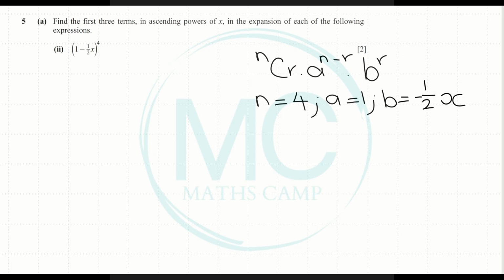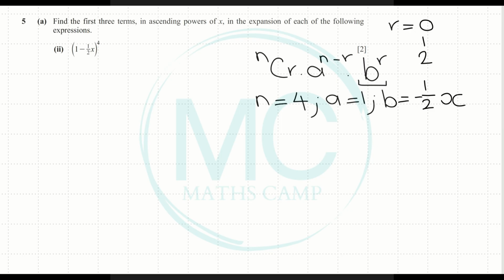Again, b is our x term, so we only need to consider our b term with an exponent of r. For our constant, r will be 0. For our x term, r will be 1. And for our square term, r will be 2.